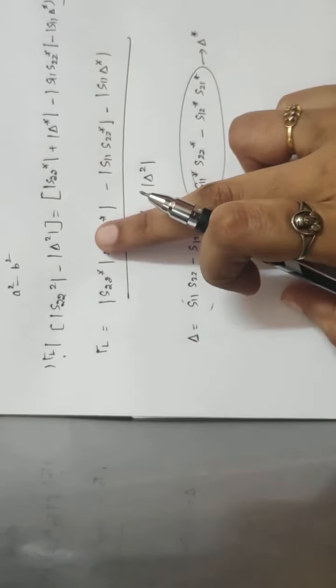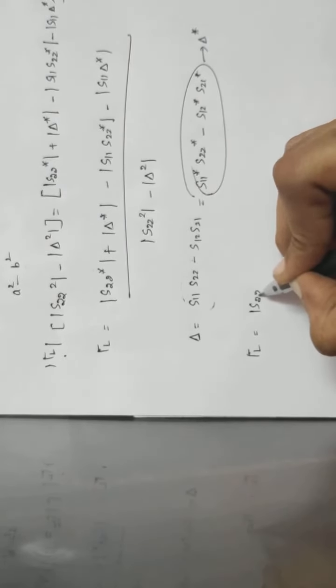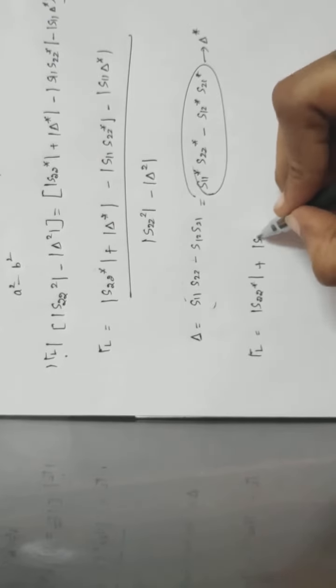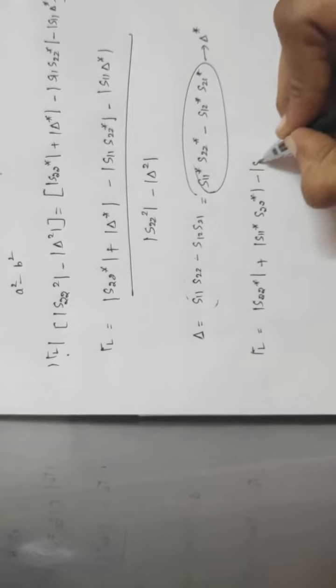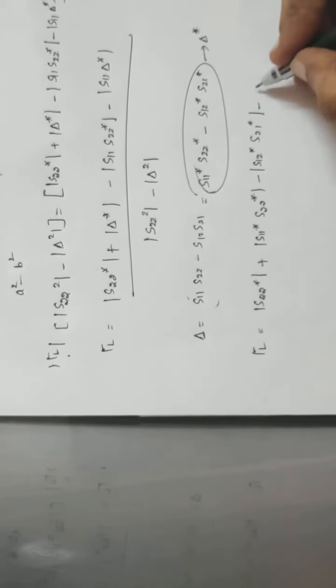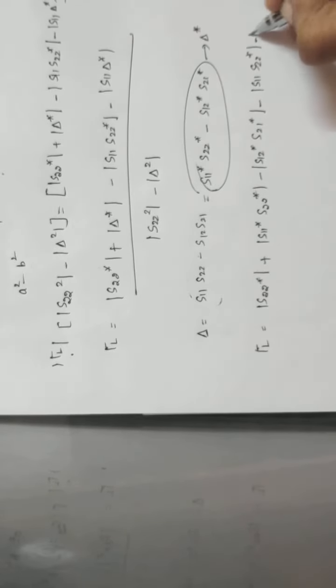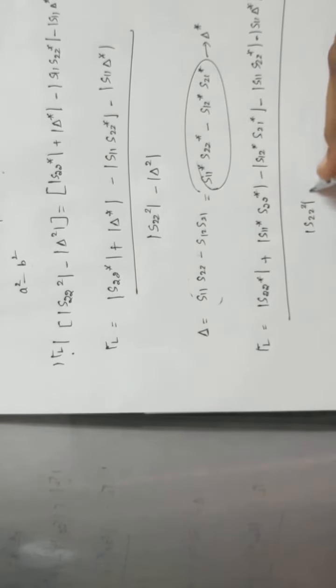Substitute this del star in this place. So therefore we get tau L is equal to mod of S22 conjugate plus we have S11 star S22 star minus S12 star S21 star minus mod of S11 S22 star minus S11 del star whole divided by S22 square minus del square.